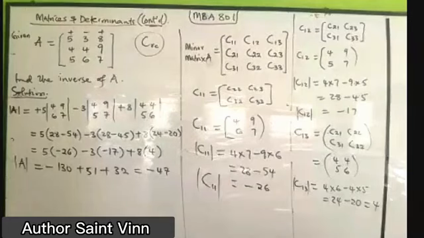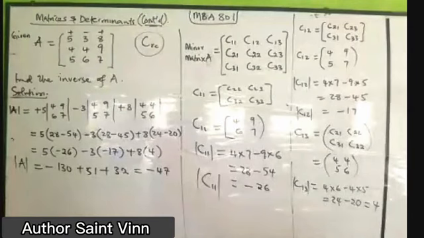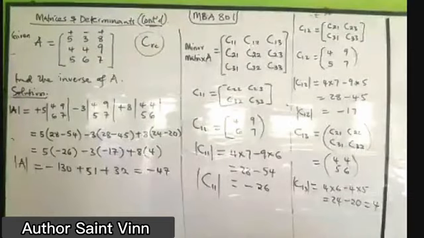What is the sign you are considering? 28 minus 54, I hope it's minus 26. Wait, for C12, you know the 3 by 3 matrix sign is plus minus plus. Are you referring to how we got the determinant? Yes, it's supposed to be plus 17 since there's plus 9 on C12.